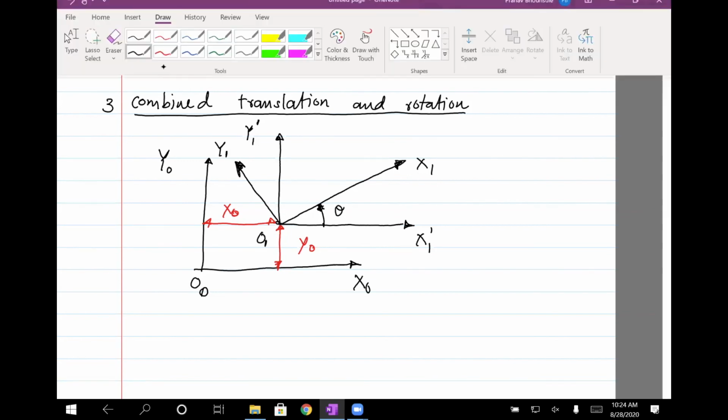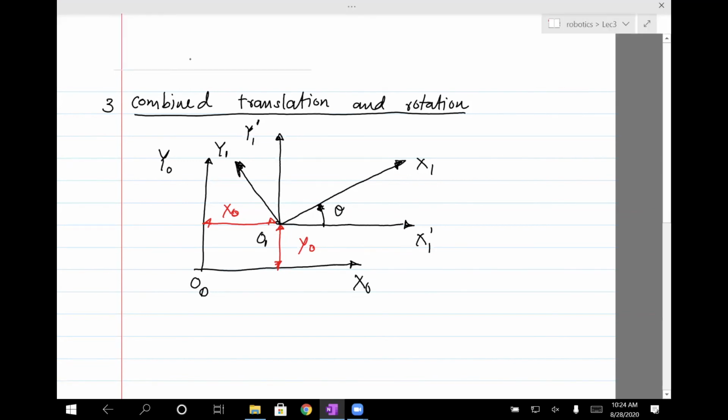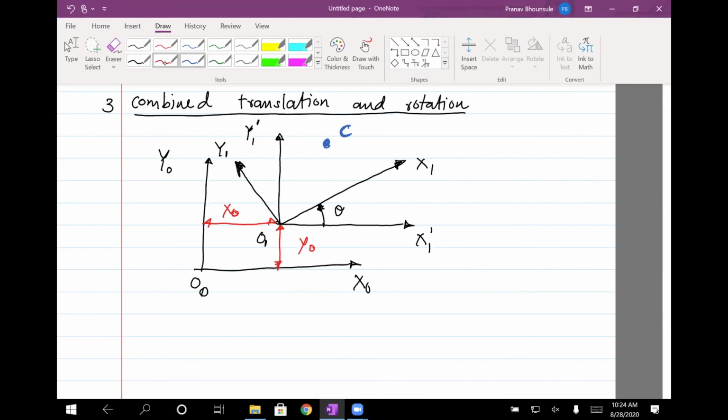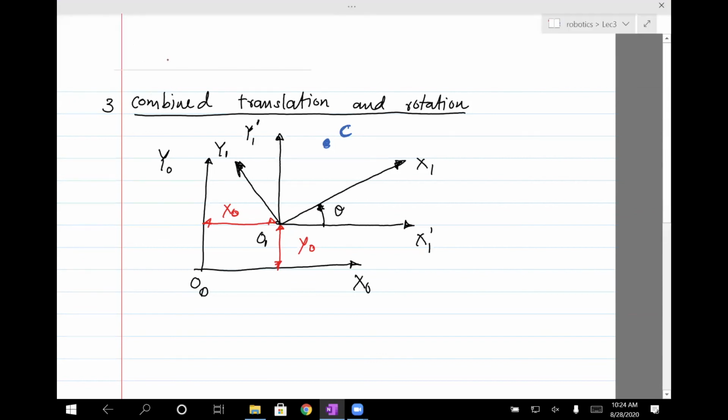And now I'm going to try to figure out how I can describe the position of any point C, which can be described in two ways. It can be written in terms of 0, or it could be written in terms of 1.